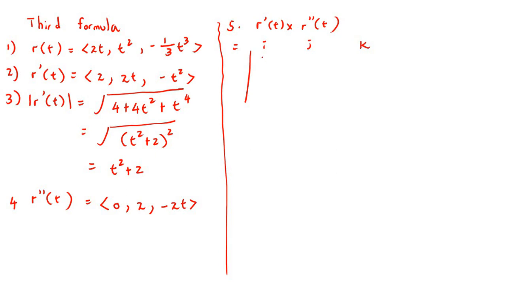R prime t is 2, 2t, negative t squared, and R double prime t is 0, 2, negative 2t.